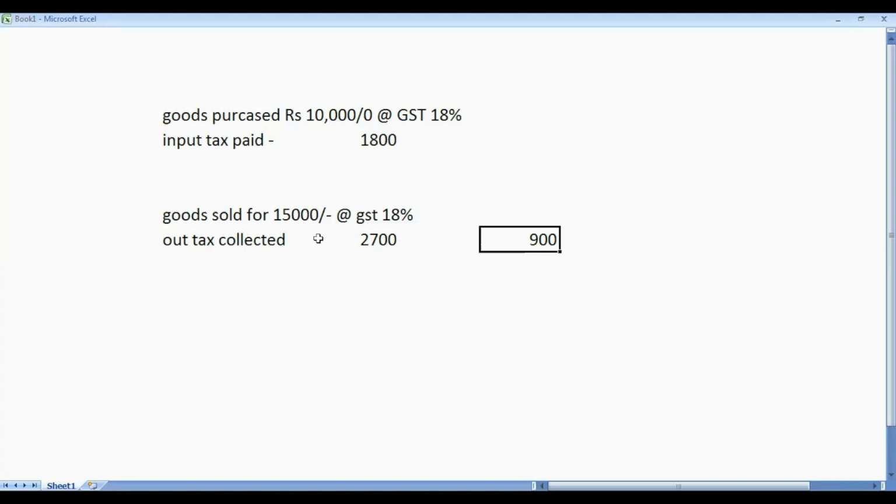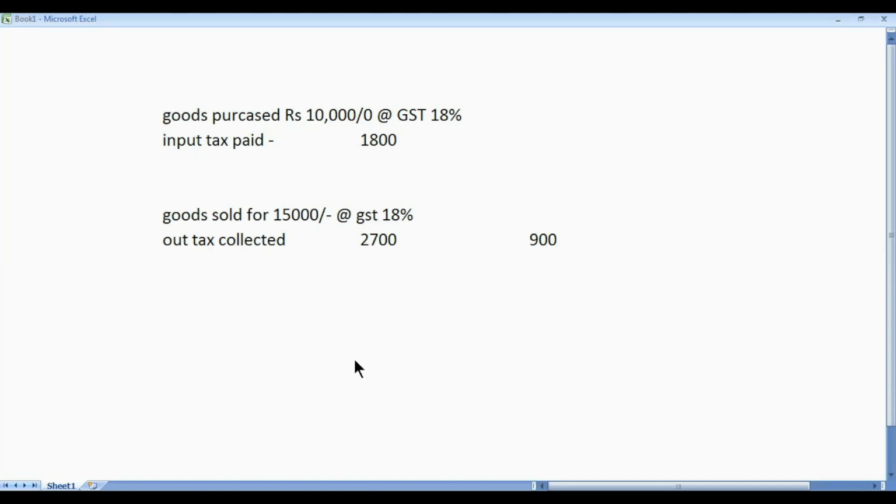Now the same goods we sold for 15,000 with profit and all, and GST was charged at 18% again. So total amount of tax collected from our customer is 2,700, out of which we will get ITC of 1,800, and the difference amount of 900 we will pay to the government as GST.